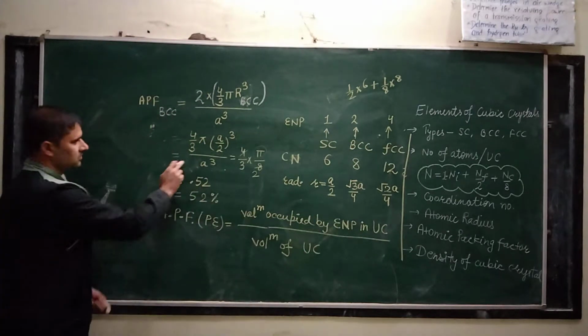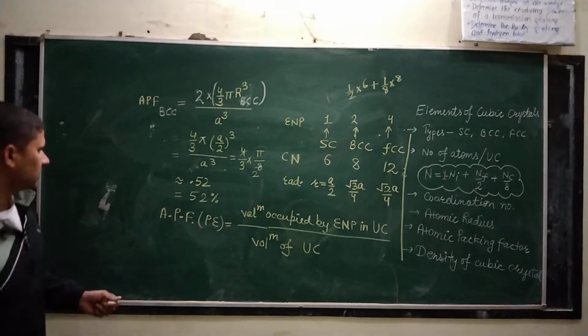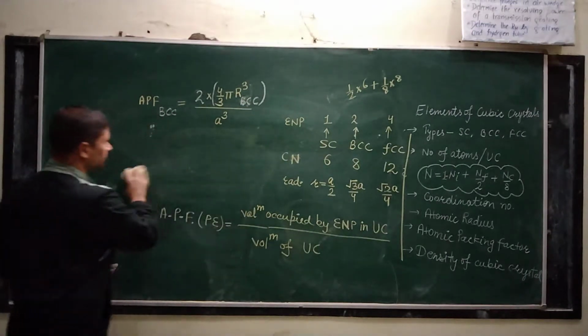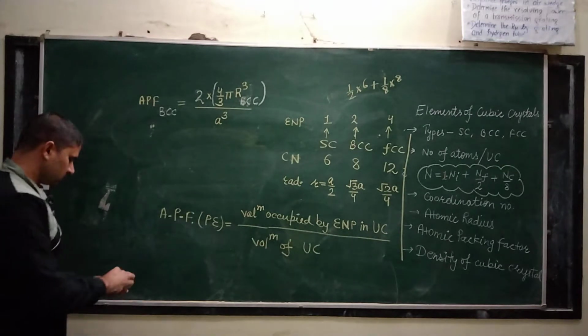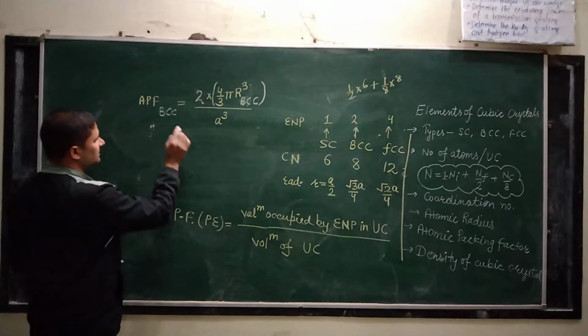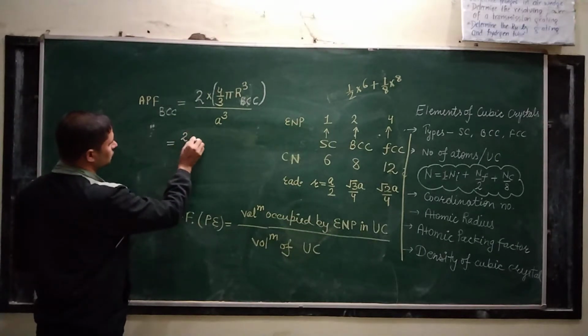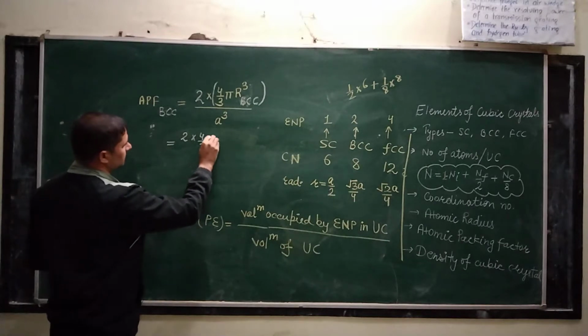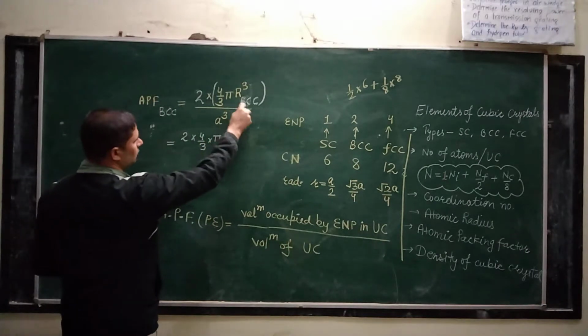So if you make the changes here, then the atomic packing fraction for BCC will be 2 into 4/3 pi into R cube.